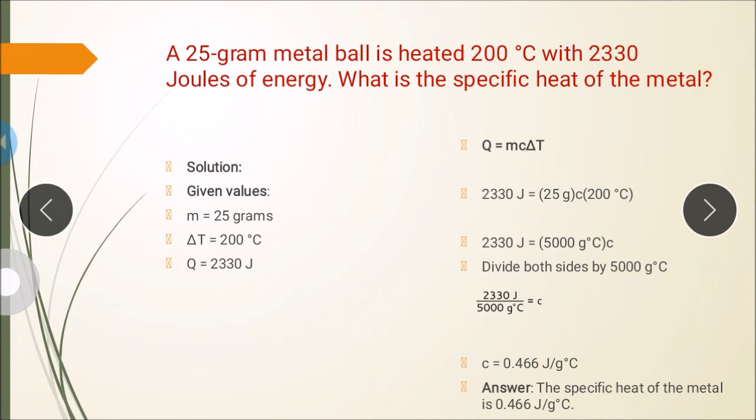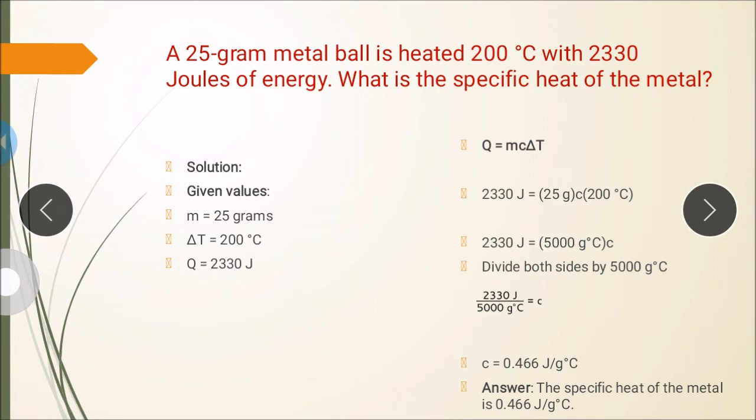Substituting all those values, Q = m c delta T, so 2330 joules equals mass 25 grams times c, the specific heat capacity, times 200 degrees Celsius, the change in temperature. We get 2330 joules equal to 5000 g degree centigrade times c.